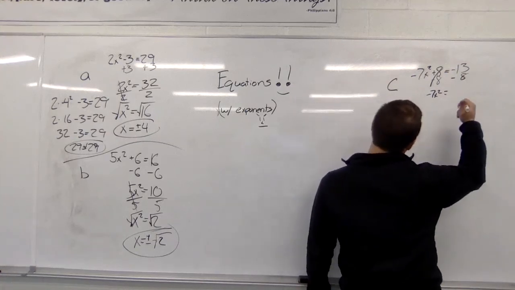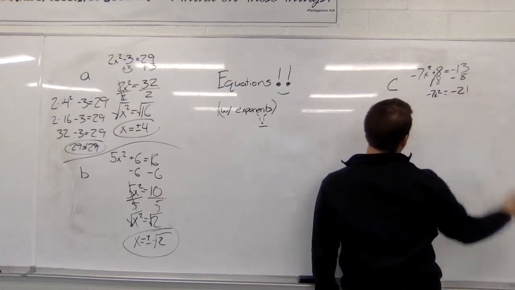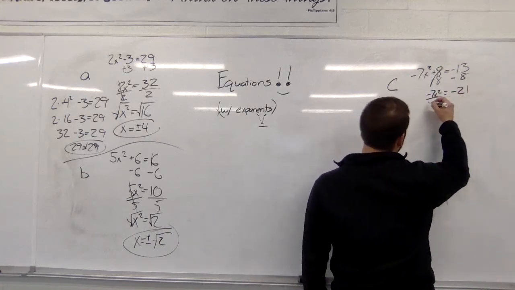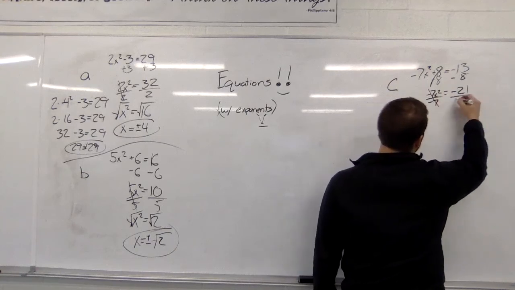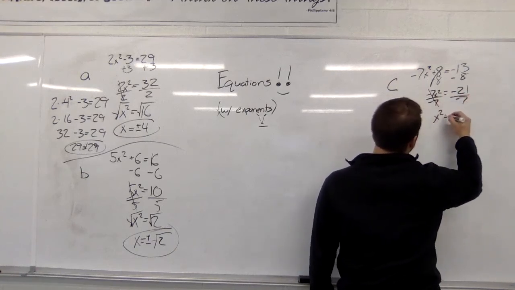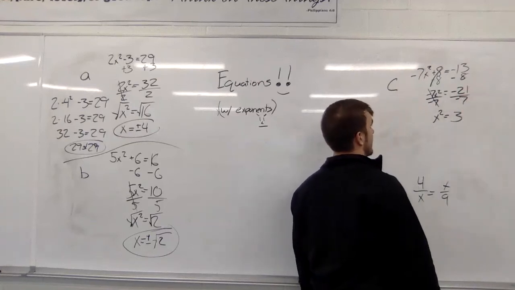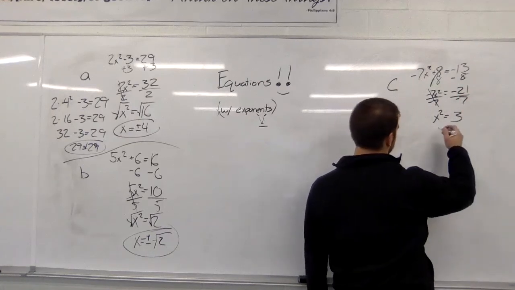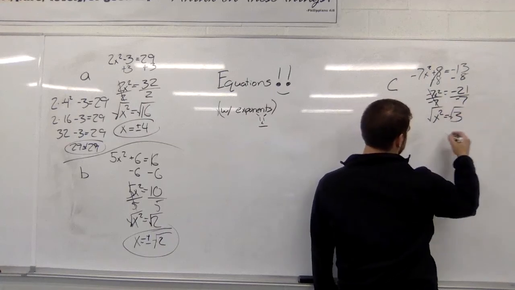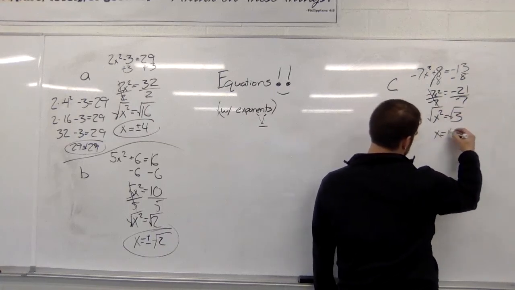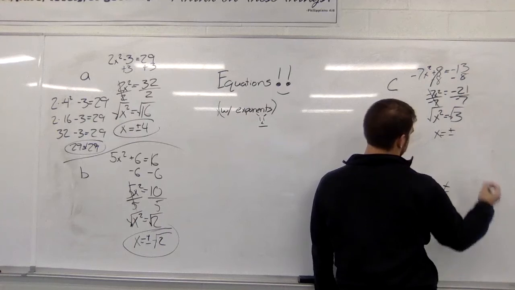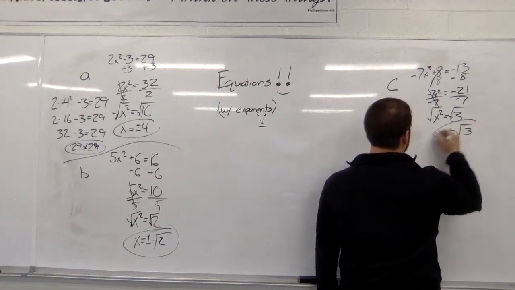It's going to be a bigger negative number. It's negative 21. Divide both sides by negative 7. X squared is equal to 3, because a negative divided by a negative equals a positive. So x is equal to positive or negative square root of 3.